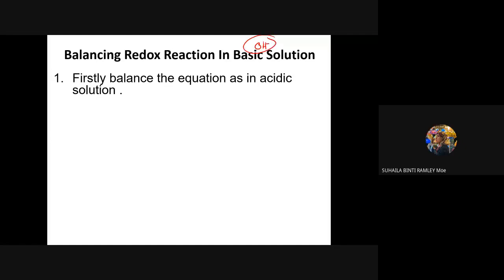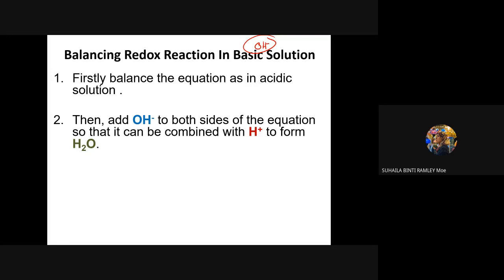So ada OH minus ion at the end of the redox equation means dia dalam basic solution. Okay, so first step, balance equation as in acidic. So macam acidic tadi tu.